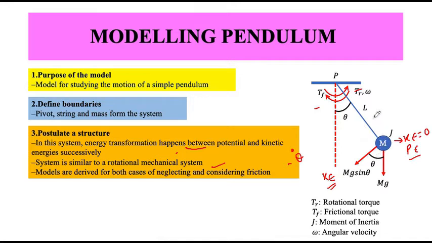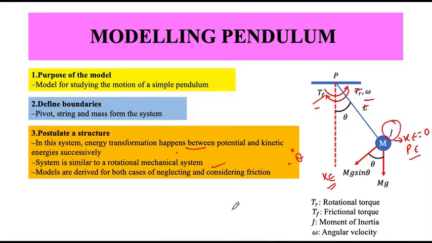I have rotational torque, possibly some frictional torque, a moment of inertia J, and some angular velocity omega.